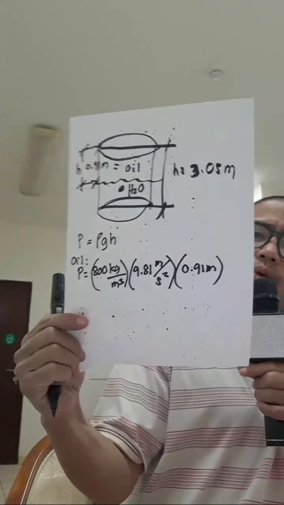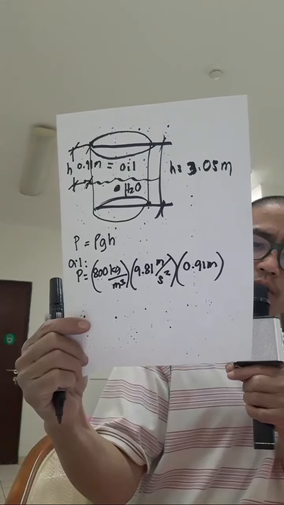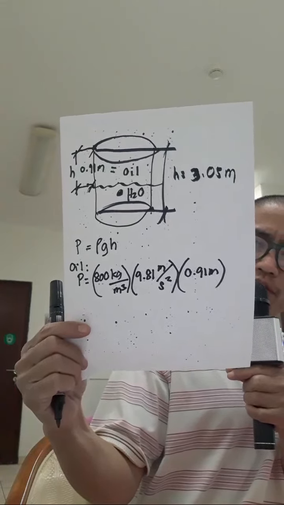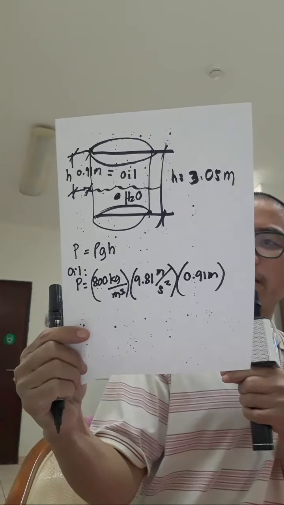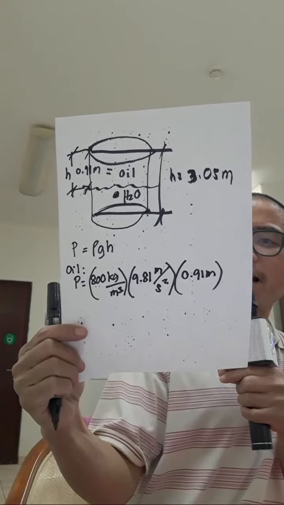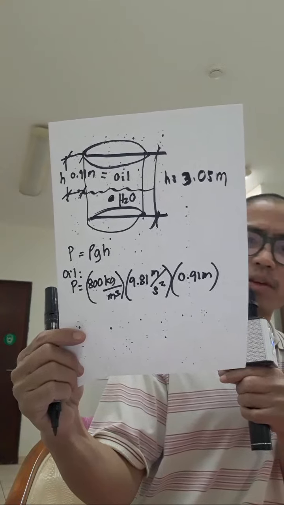Pressure of the oil is equal to the density of oil, which we computed already, 800 kilogram per cubic meter, times the gravity 9.81, and then the height elevation of the oil is 0.91 meter from the top of the tank. So let's compute this one. 800 times 9.81 times 0.91.